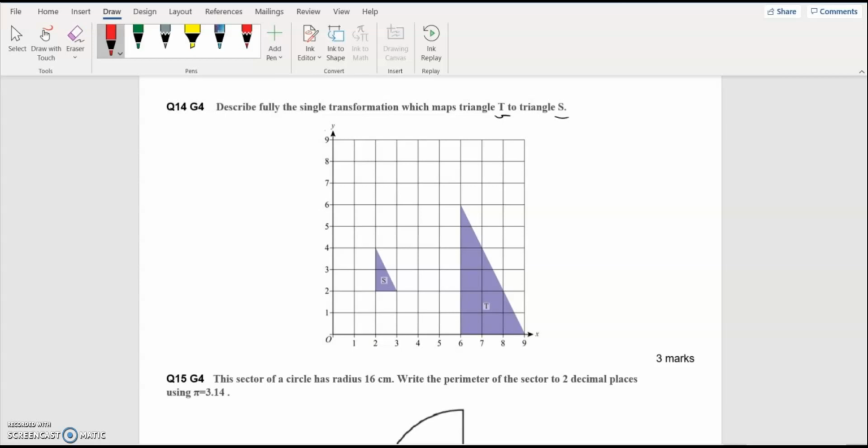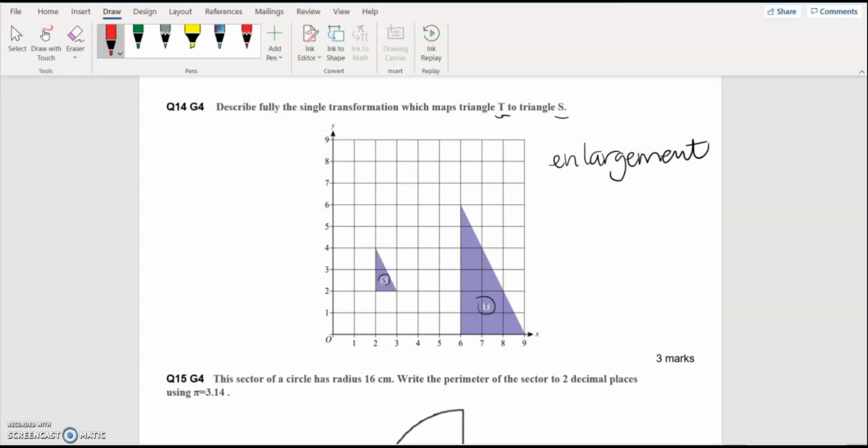We've got to look at triangle T being mapped into triangle S. So although the triangle is getting smaller, this is still an enlargement. So we'll call it an enlargement. Now there are 2 more things we need to find, and that is the center of enlargement and the factor.